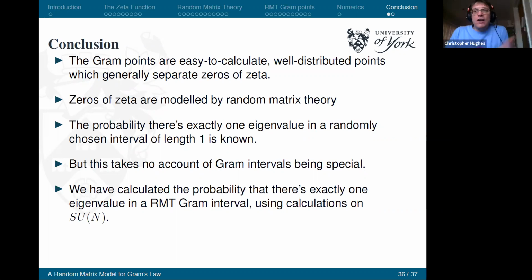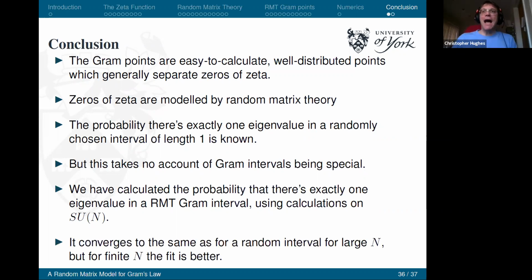It doesn't have the same structure, but it's a perfectly decent group and it deserves a bit of study. And it converges to the unitary case for very large N, but at finite N, the fit with the zeta data is much better.